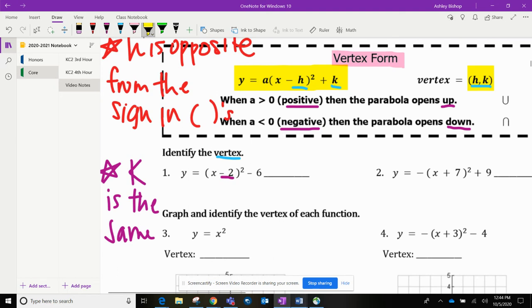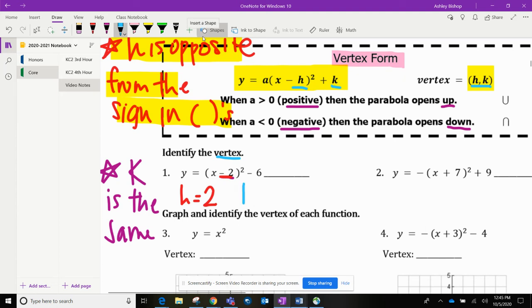And then we wrote ourselves a note that H is the opposite from the sign in the parentheses. So what I mean is H here is -2. H in the parentheses, it's -2. H is the opposite though. So when I pull H out of those parentheses, it's going to be the opposite. The opposite of -2 is +2. Okay?